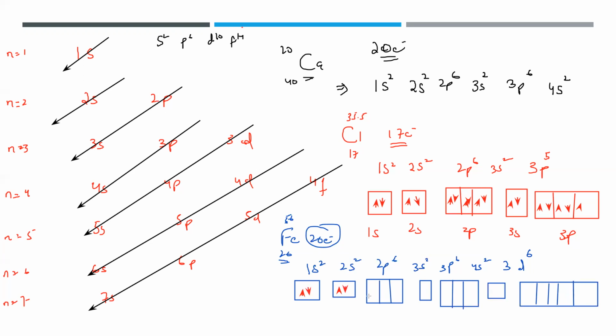This has 2, 1, 2. Then 1, 2, 3, 4, 5, 6. Then 1, 2, then 1, 2, 3, 4, 5, 6. Then 3d has 6, so 1, 2, 3, 4, 5, and then 6. So this is how electrons are arranged in the orbitals.